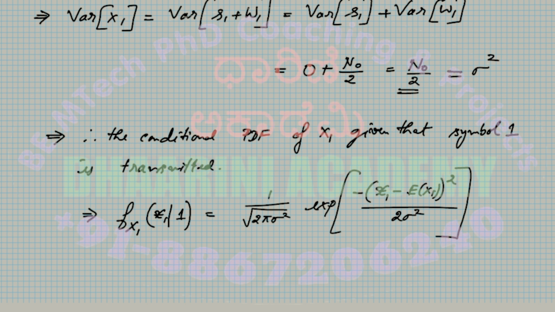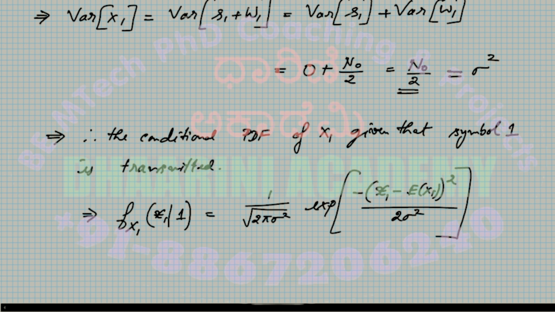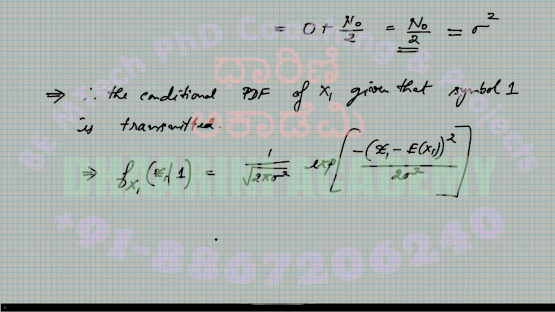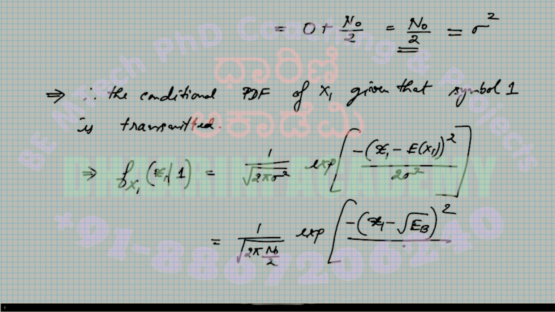Now we'll substitute the values to get the equation for this specific case. That is equal to 1 divided by root of 2 pi sigma square, where sigma square is n naught by 2, into exponential of minus of x1 minus, and the expectation of x1 was root EB, which we already calculated, whole square divided by 2 times n naught by 2.